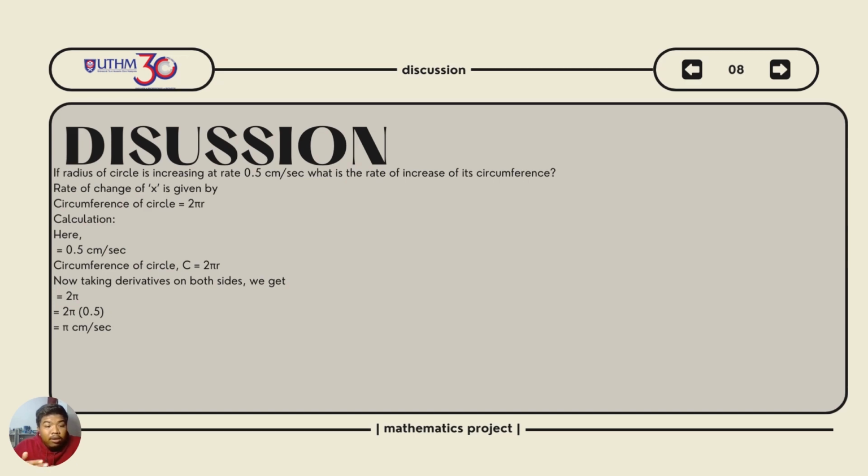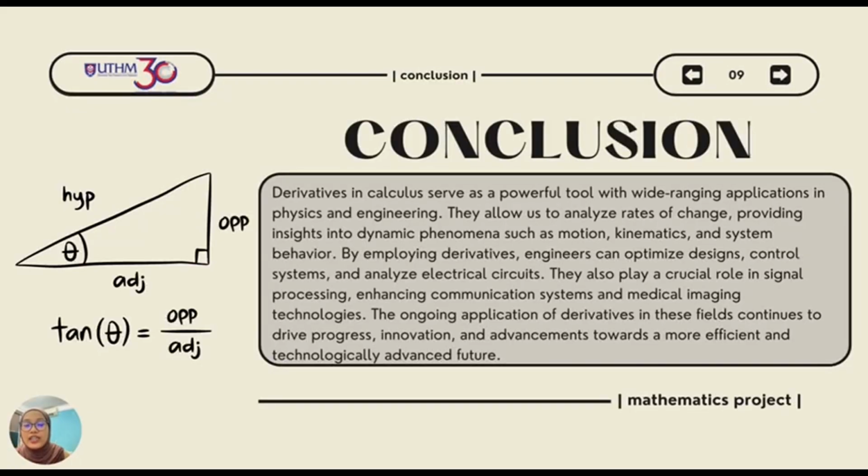Now taking the derivative on both sides, we get 2 pi multiplied by 0.5, and you get pi cm per second.